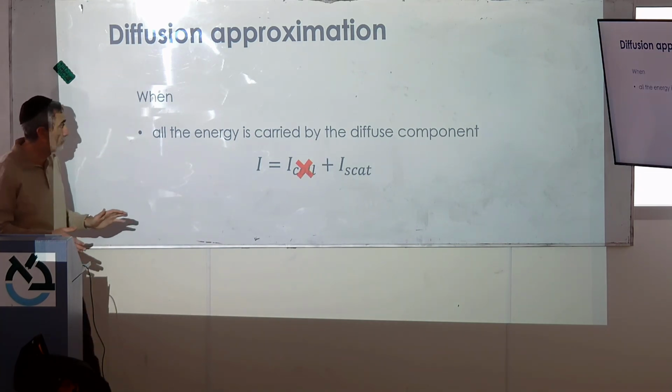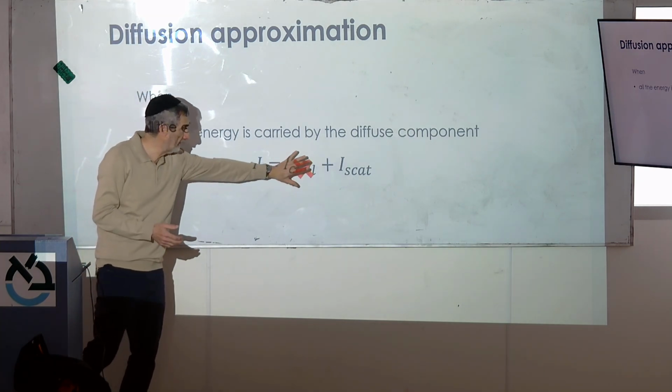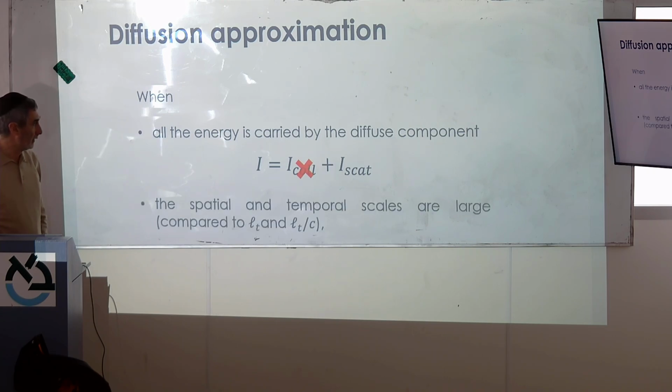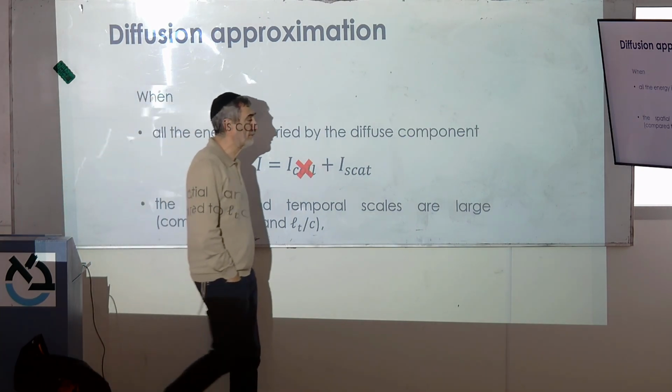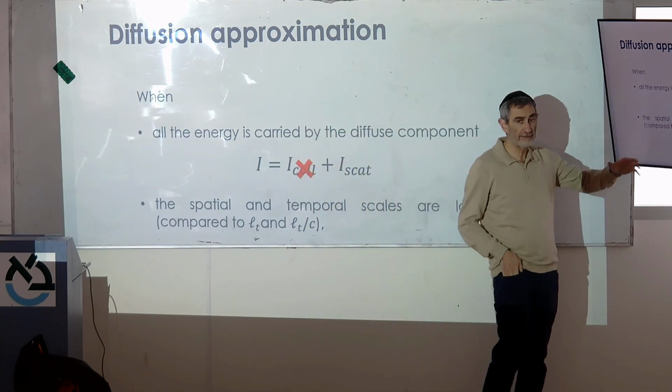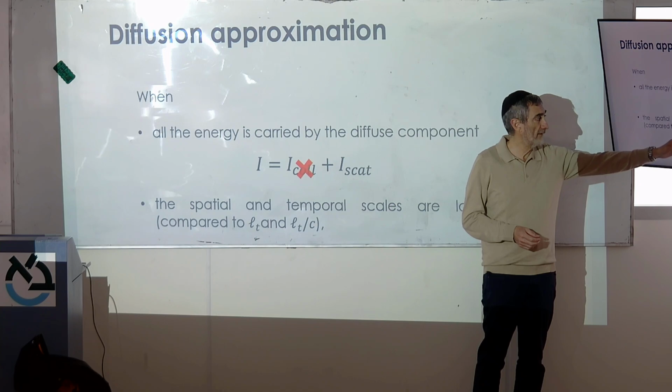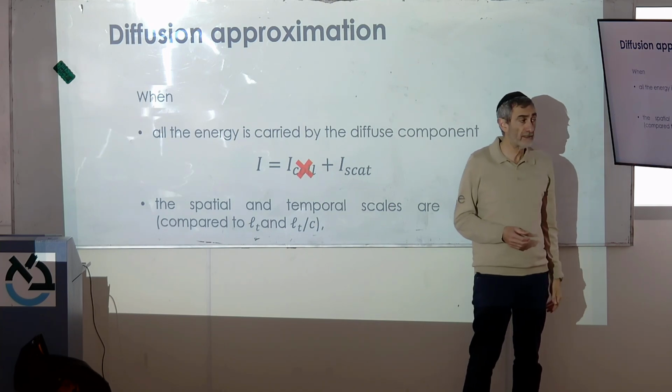So we are in a regime of strong scattering. This term is ignored, and the energy is carried essentially by the diffuse component, the scattered light. And we will consider a situation where the spatial and temporal scales are large compared to not the scattering mean free path, but the transport mean free path. We are looking at sizes much larger than l_t, and times larger than l_t over c.